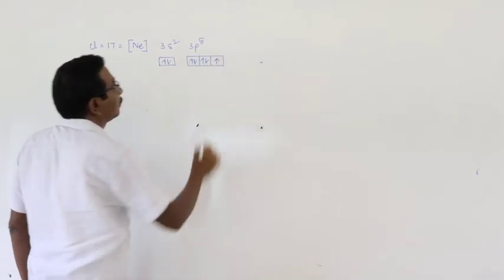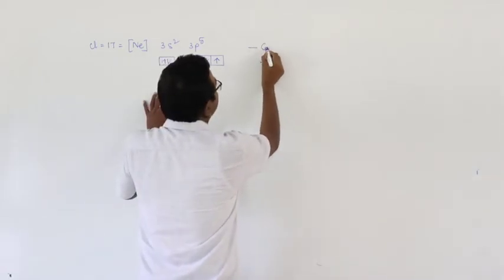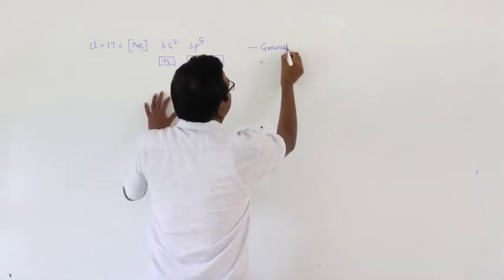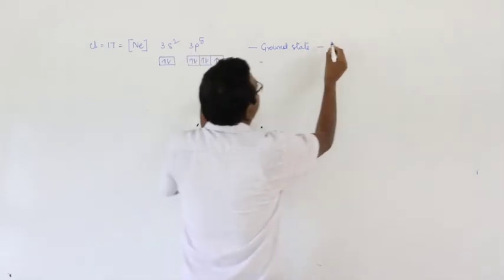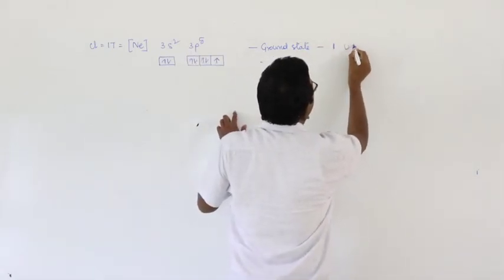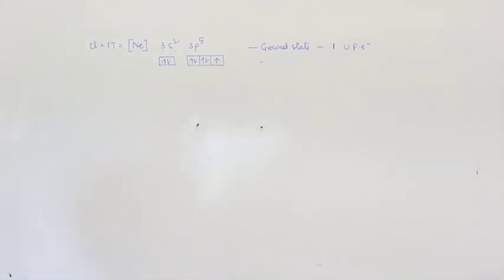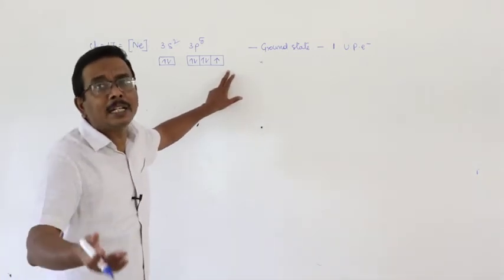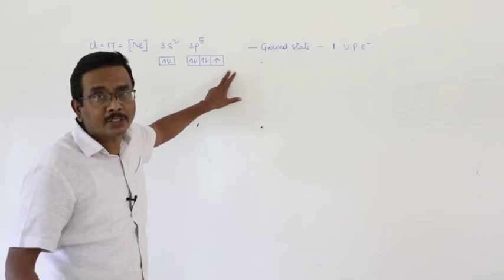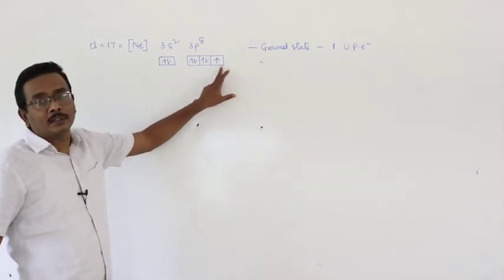This is the ground state configuration. In the ground state configuration, there is only one unpaired electron. In the ground state of the chlorine atom, there is only one unpaired electron. It means its combining capacity is equal to 1, meaning the valency in the ground state is equal to 1.